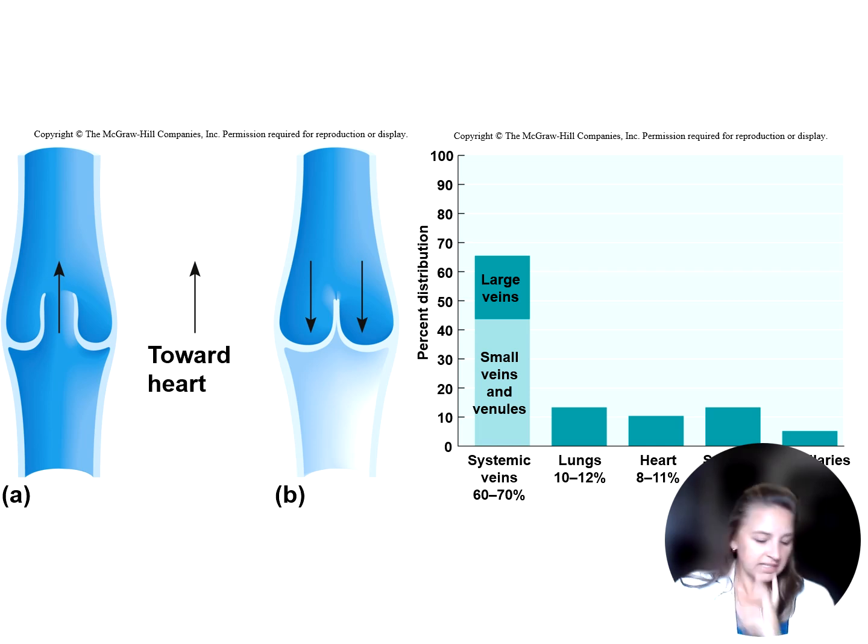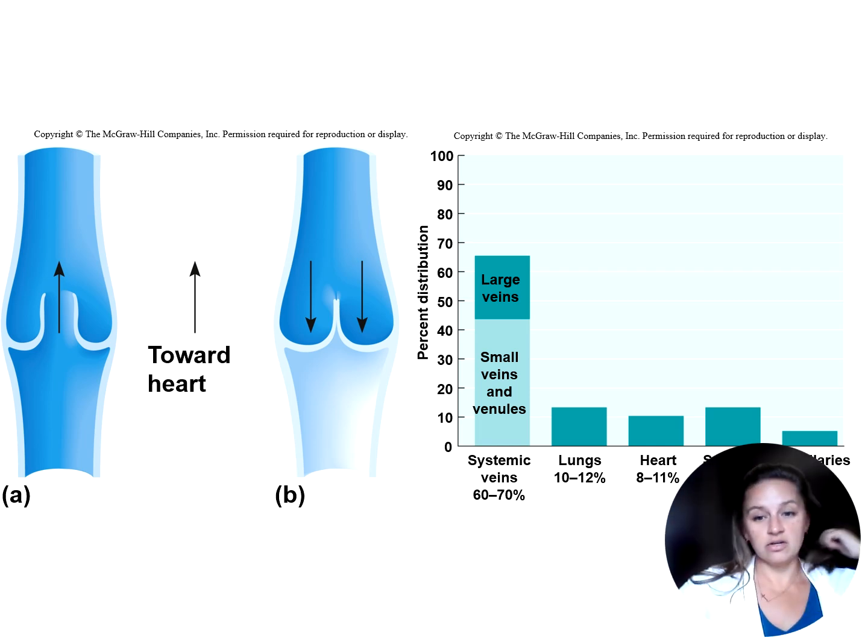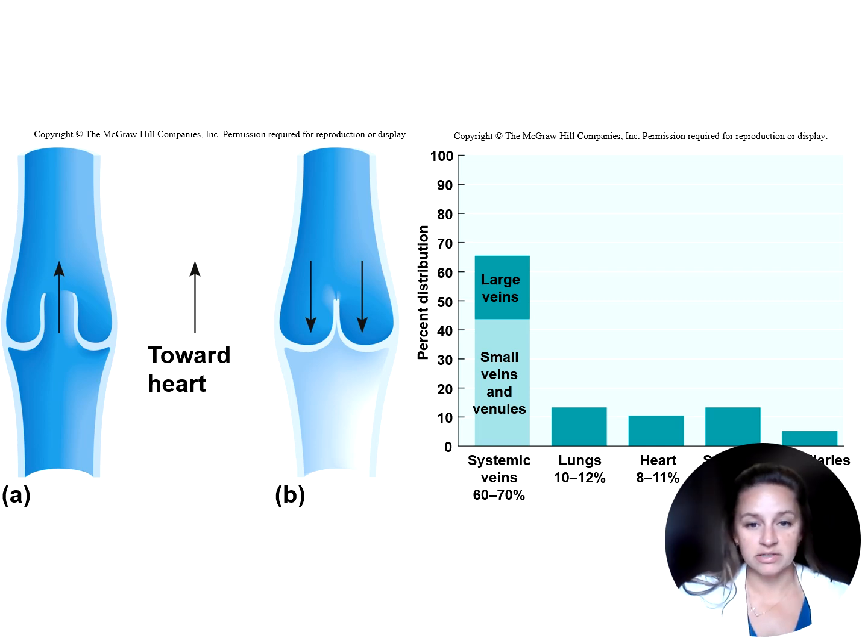And then some of it is in your systemic arteries, so in the arteries in your limbs and in all the other parts of your body. And then the smallest percent is in the capillaries. But most of your blood, when it's being pumped, is just kind of waiting in this reservoir of your veins, getting pumped back to your heart so it can go to your lungs and get oxygenated again.